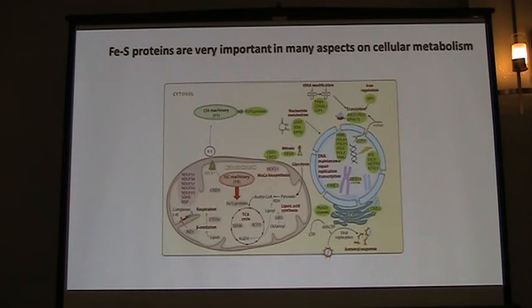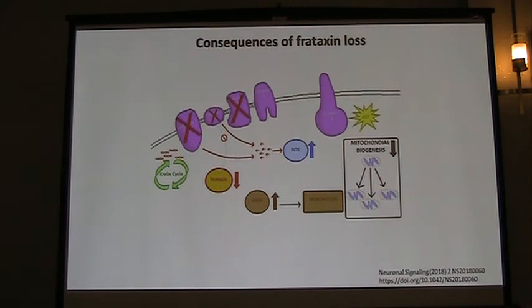So you can imagine how and why, once you lose frataxin protein, just one protein, you have so many different consequences inside the cells, and why you have so many different tissues that are affected in FA. So these are the consequences of the frataxin loss, and these are proteins that are involved inside the mitochondrion in energy production.